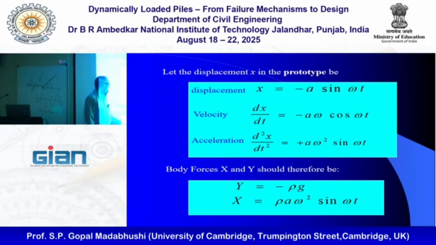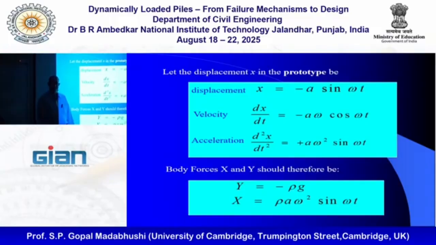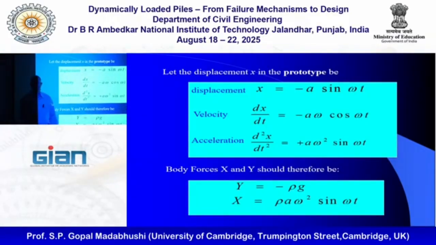X, on the other hand, will be this acceleration times rho, the density. So my X is rho A omega squared sine omega t. I can plug these back and those should be the x and y forces.